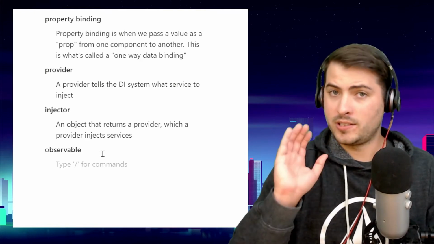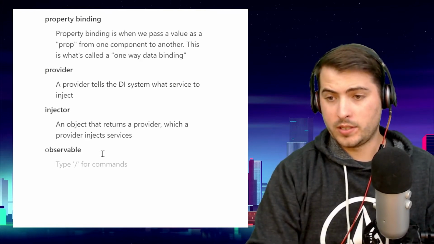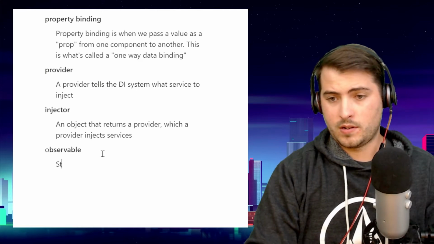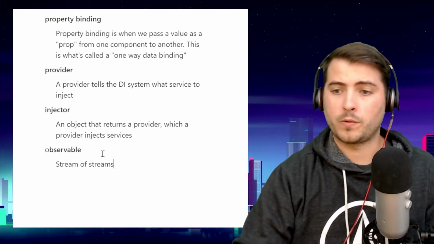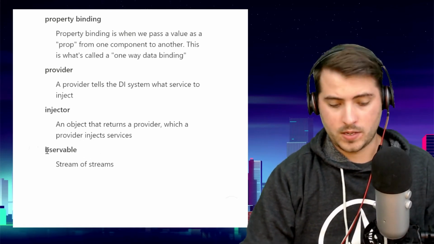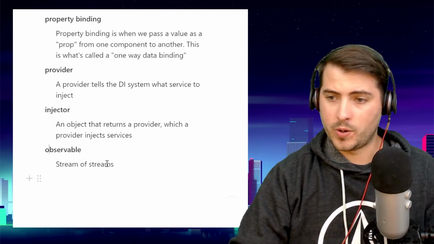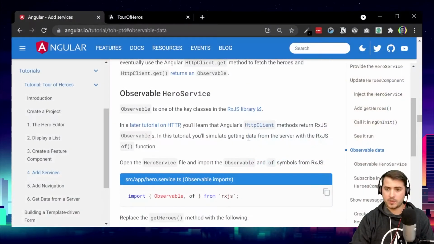Basically my understanding of an observable is, we'll probably update this definition in a little bit, but it's like a stream of streams, which if you haven't worked with them before, probably didn't make a ton of sense, but hopefully it will as we work through this series.